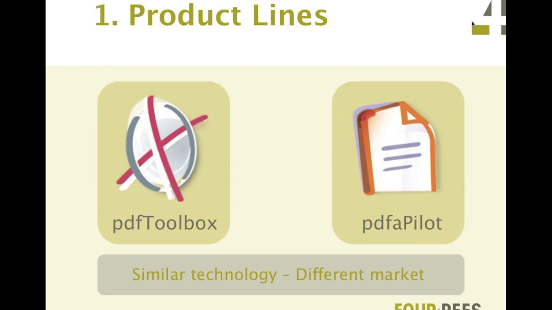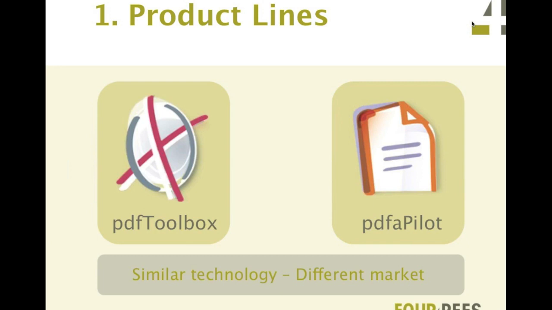So 3 slides to position what we're going to talk about today. The first one is to talk about product lines. Callas Software has 2 product lines, pdfToolbox and pdfAPilot. If you look at those 2 solutions, and you are able to do so because there are fully functional trial versions of the solutions on the Callas Software website, you'll see that they are quite similar in terms of technology.